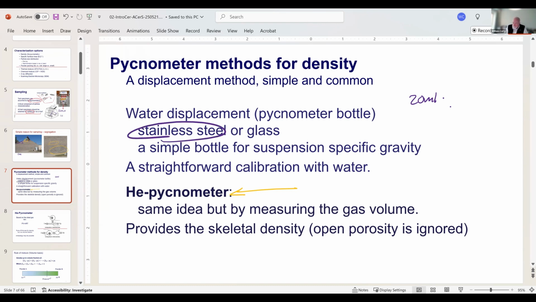And they're set up like this. They're a bottle, obviously. They often have a ground glass top, if it's a glass bottle, and then the cap to this ground glass comes in and has a cone in it like this and a hole out the top. Okay, so you put your liquid in here.